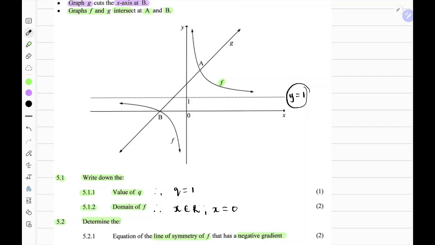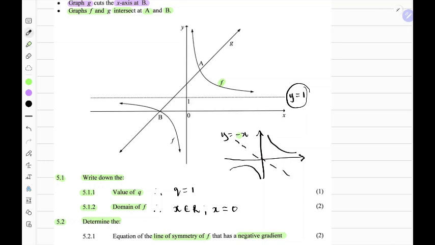We know that for a standard hyperbola where the y-axis and the x-axis are asymptotes, the equation of the line of symmetry is y is equal to negative x. Remember, emphasis is given to a negative gradient in the question.